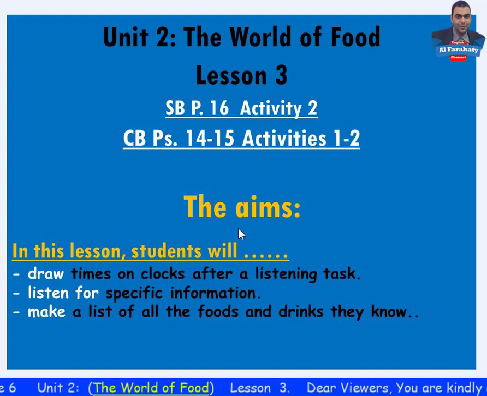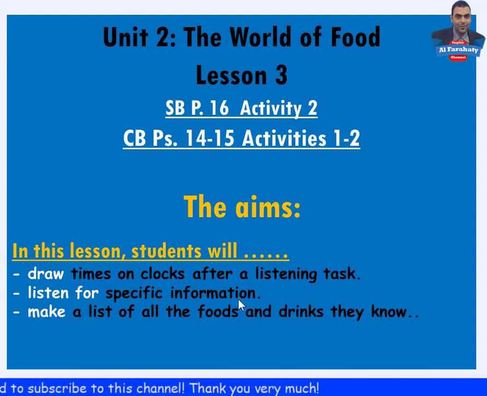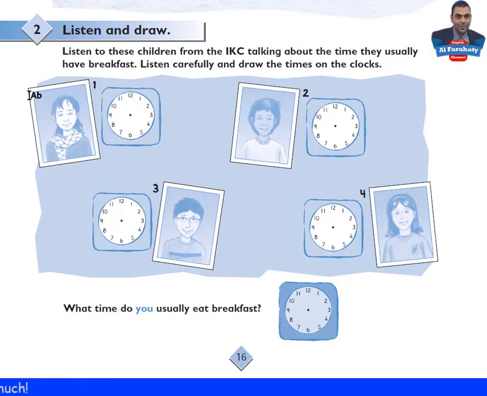The aims. In this lesson, students will draw times on clocks after a listening task, listen for specific information, make a list of all the foods and drinks they know. Let's go to page 16 of your skills book. Activity 2. Listen and draw.